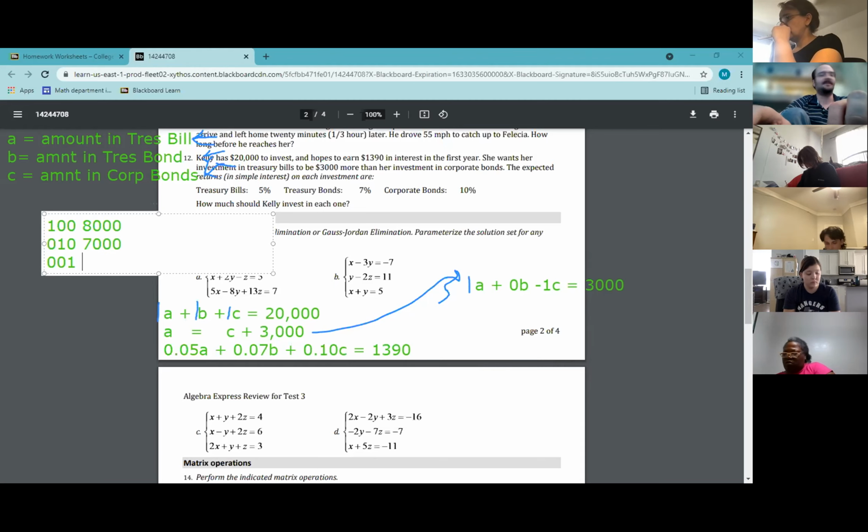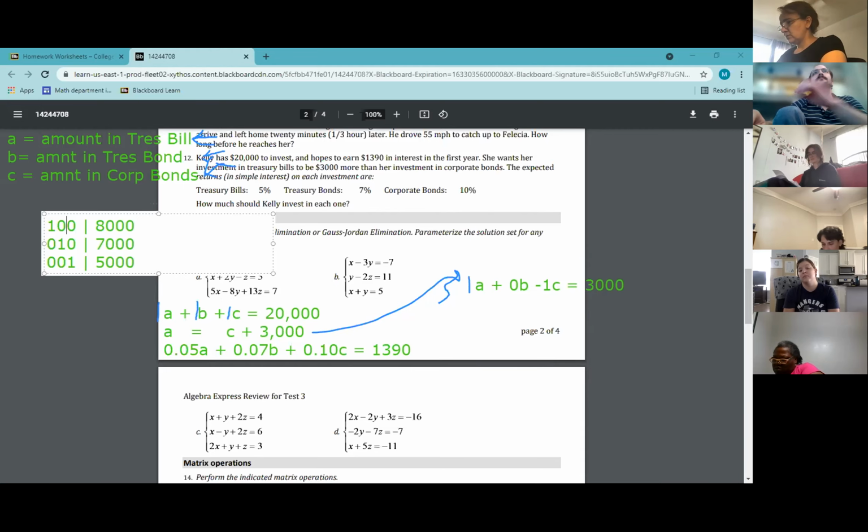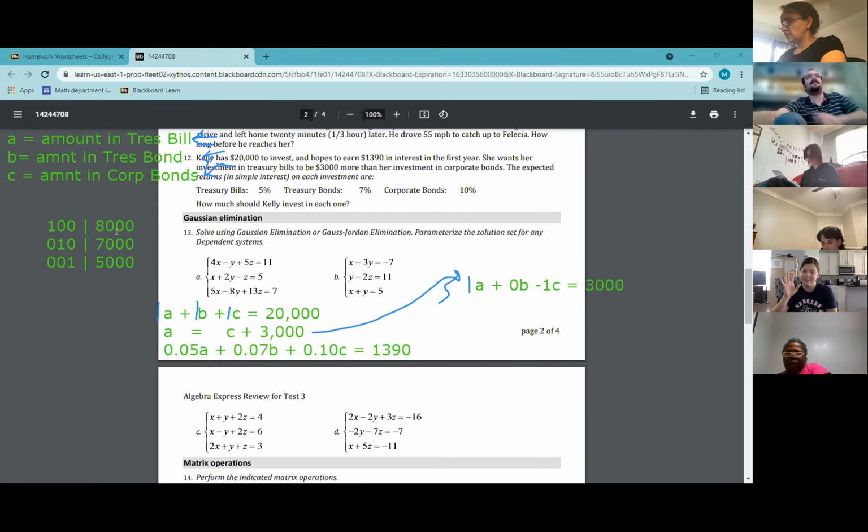When I plug that matrix into my calculator and do the row reduced form, that means there's 8,000 in the treasury bill, 7,000 in the treasury bond, 5,000 in the corporate bonds.